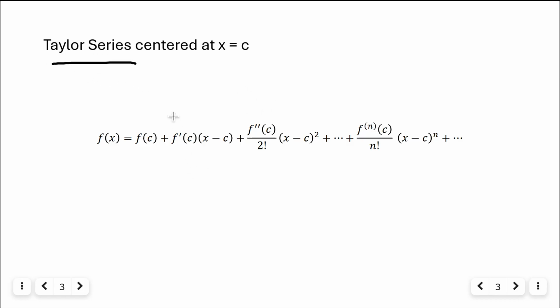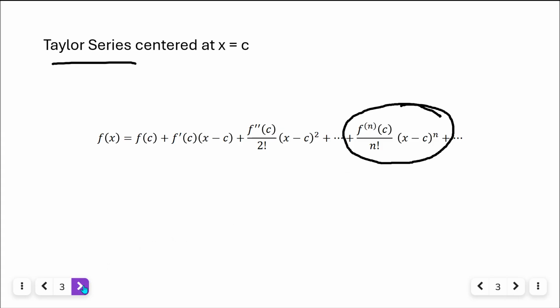The Taylor series centered at c is given by f of c plus f prime of c times (x minus c), plus f double prime of c over 2 factorial times (x minus c) squared, plus, well, you can go as far as you want, and on forever. So this would be the general form for your Taylor series.